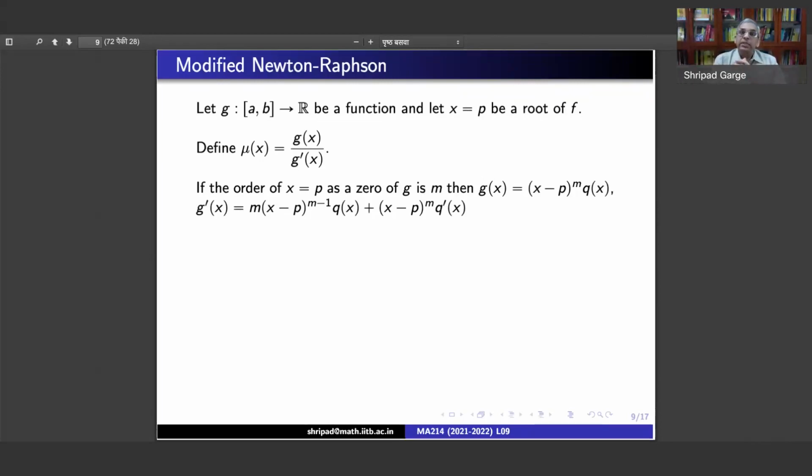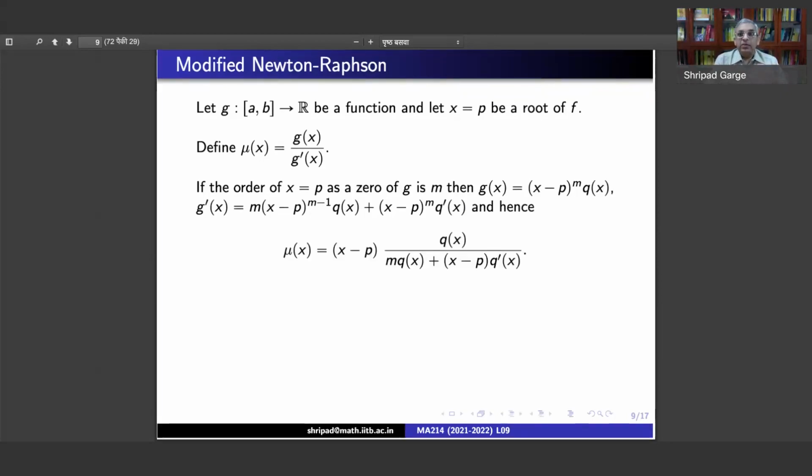And now we write this function mu(x). So mu(x) is then going to be, see, the (x - p)^m factor occurs in g'(x), which is the denominator for mu. And in the numerator, you have (x - p)^(m-1) for the first one, and for the second part, it is (x - p)^m.